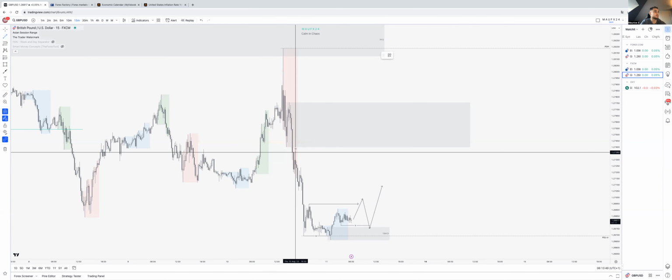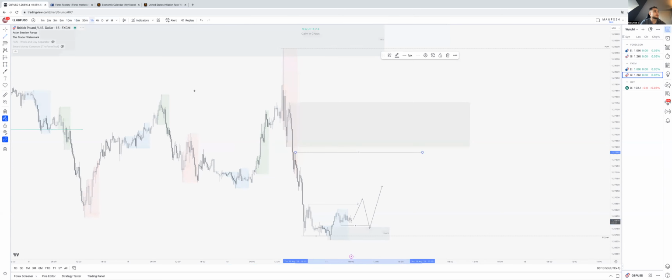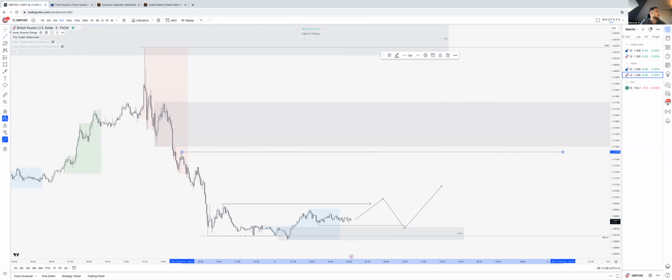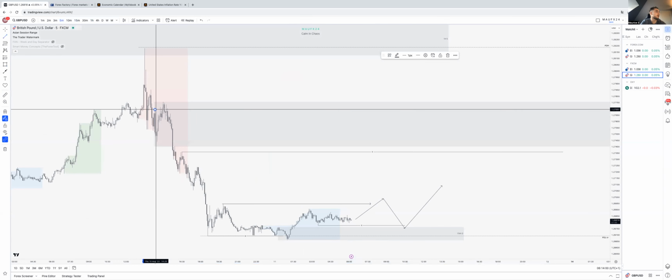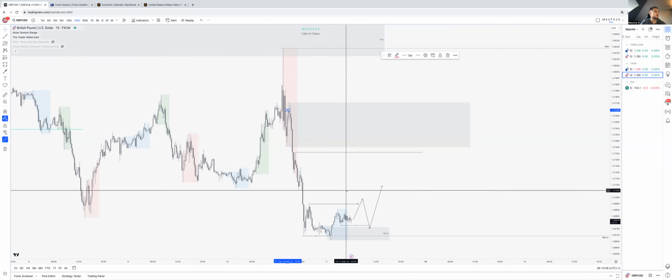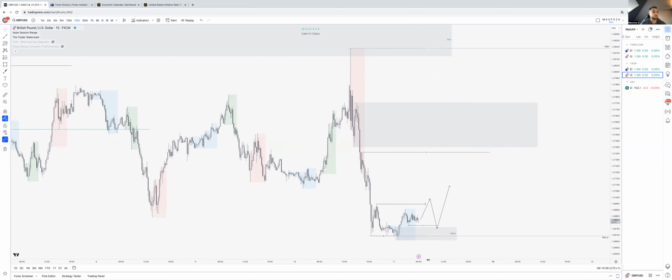Some liquidity, not much, but some liquidity up here. Go to 5-minute. You see we have a sweep here. It's looking good as well. And that builds cases for shorts.